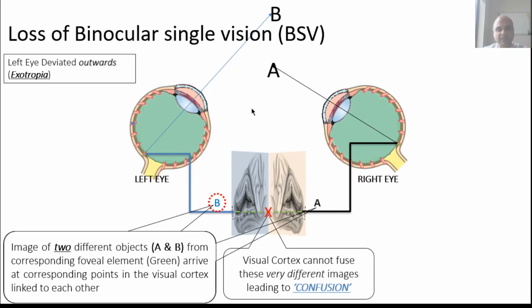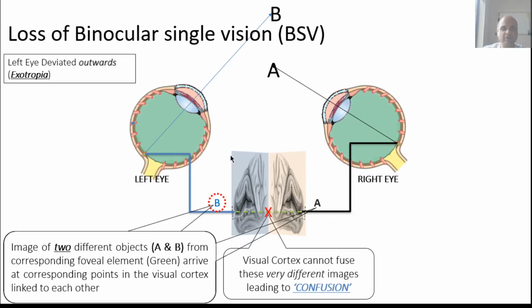So what has happened now is your corresponding foveal elements are no longer aligned to the same point in space. One of the elements is aligned to A, the other element is aligned to B. So when this information travels through the visual pathway to the visual cortex, the left eye is sending the image of B while the right eye is sending the image of A. Two different images of two different objects, and they are very different from one another and cannot be fused.